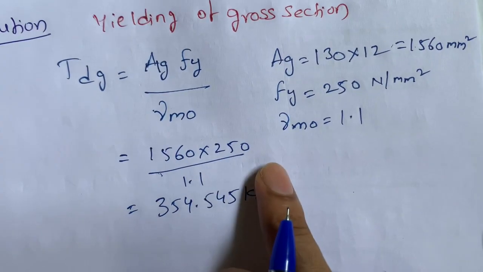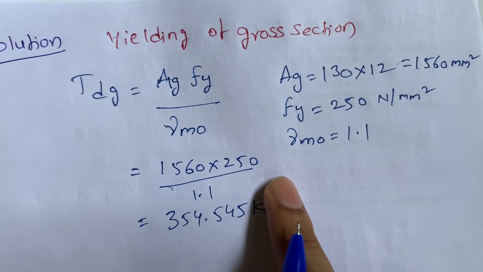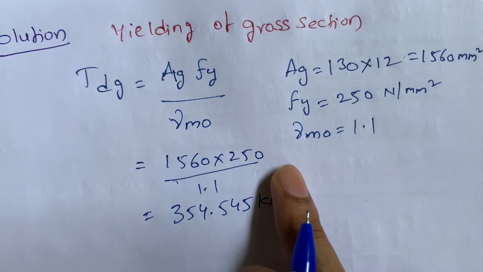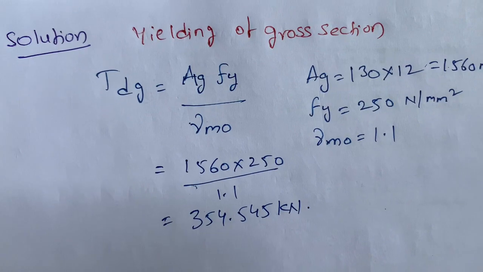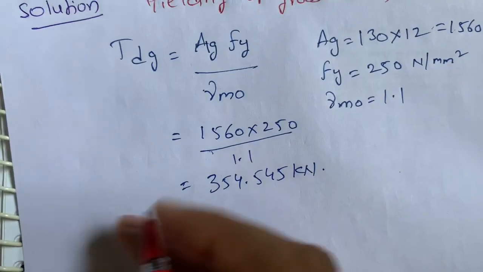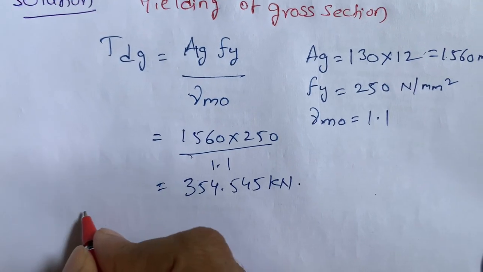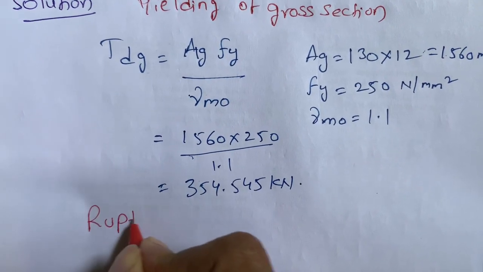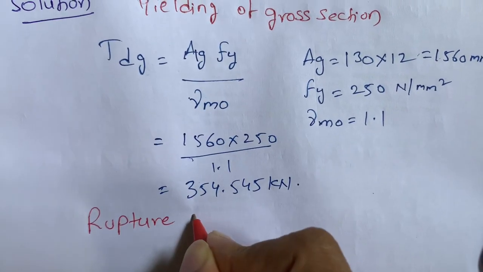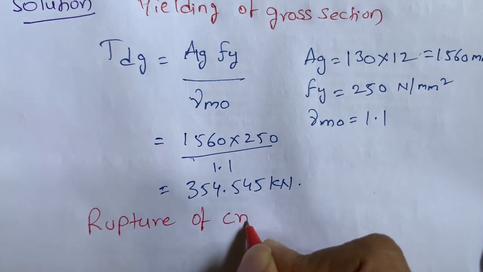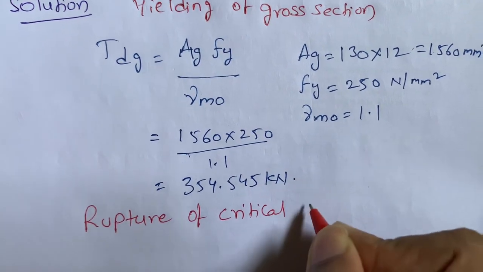So this is the first failure. There are three failures: yielding of gross section, rupture of critical section, and block shear. In tension members we need to calculate these three failures. So the next one is rupture of critical section.